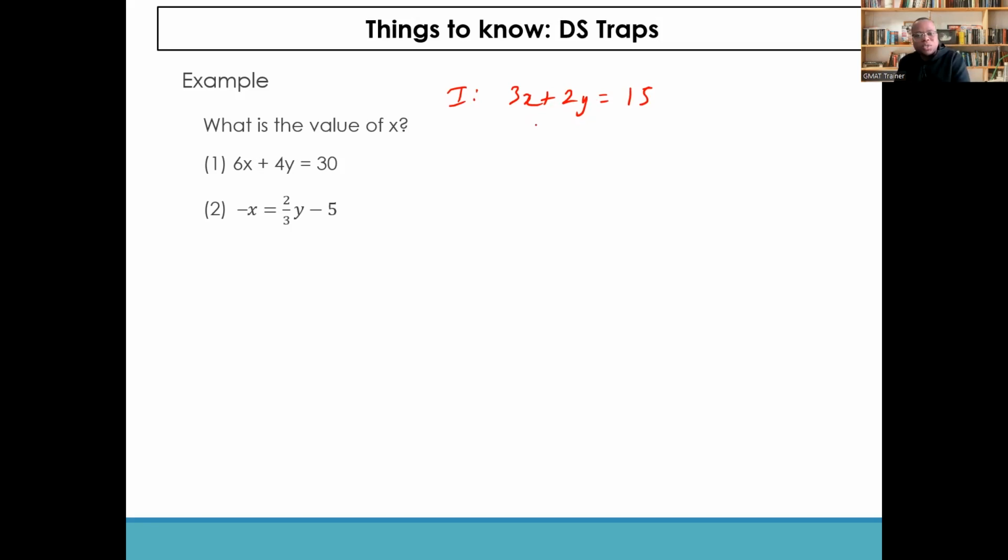So two numbers you add to get 15: 8 and 7, you get 15. Let's say 15, you have 15 there. 14 and 1, but you have 2y, so the smallest y can be is 2, so it can be 13. Are we told anything else?